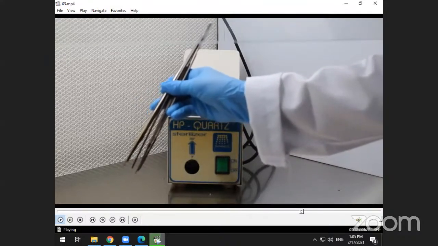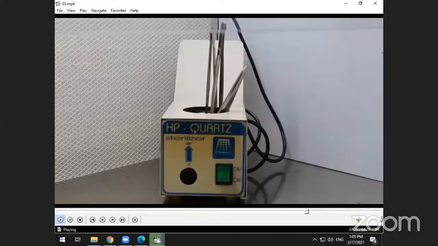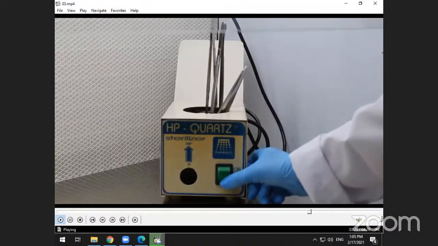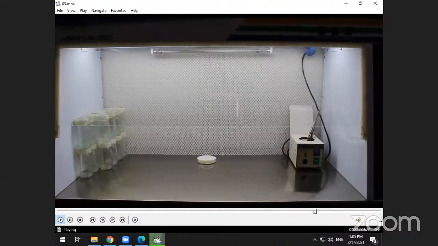Put the tools into the sterilizer and turn on the sterilizer. Laminar flow hood is now ready to use for tissue culture experiment.